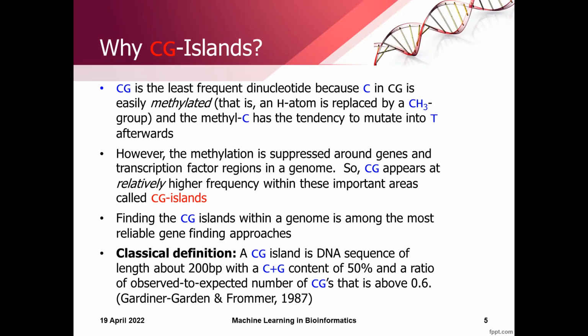So it's important to keep it, to have the code there. And therefore, in coding parts, the probability of CG is higher. And therefore, segments of DNA in which the frequency of CG pairs is much higher than in the rest of the DNA are called CG islands. CG islands are just one of the indicators that this could be a coding sequence. It is not enough, but it's a strong indicator.